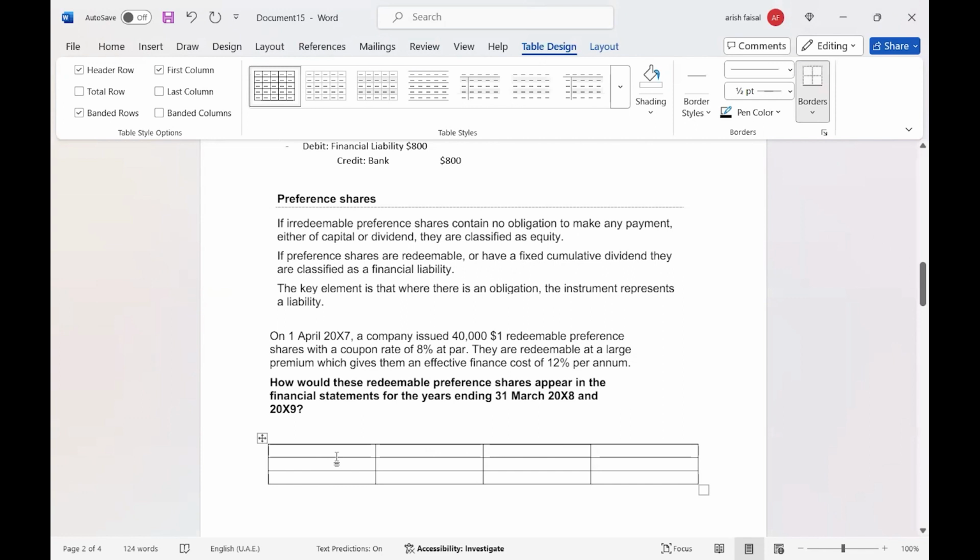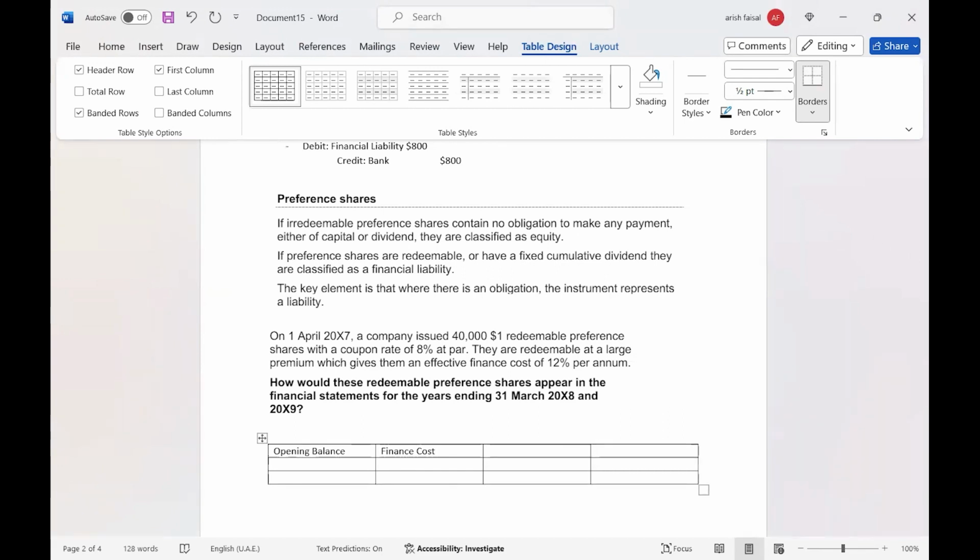Here is your opening balance, which in this case, because we don't have an issue cost or any discount, will begin at 40,000. Then you have the finance cost. Though you call it a preference dividend, I'm not going to take it in the statement of changes in equity.